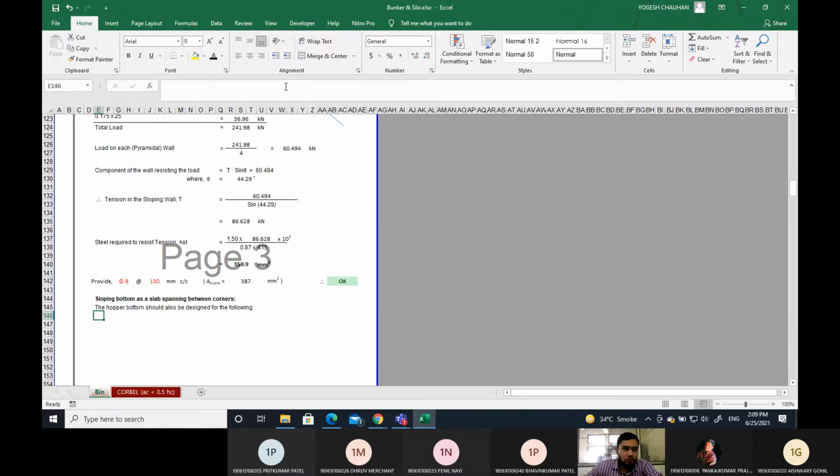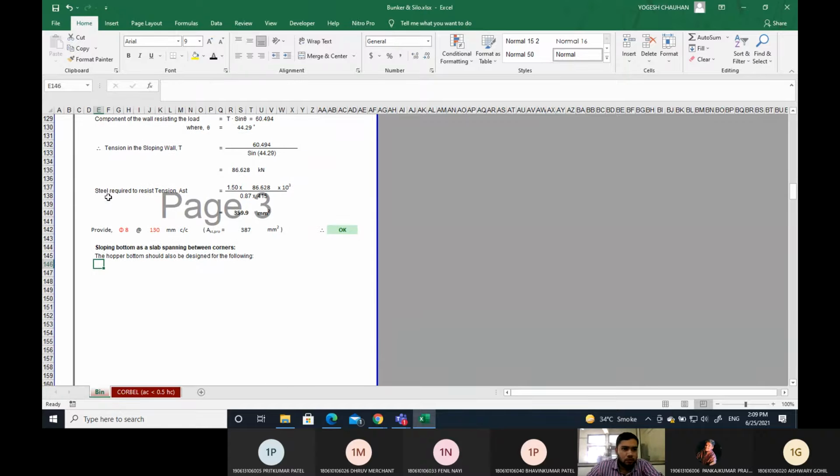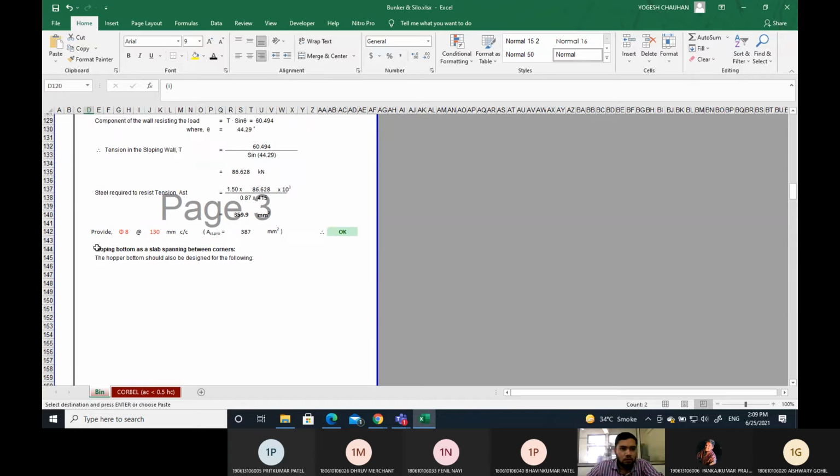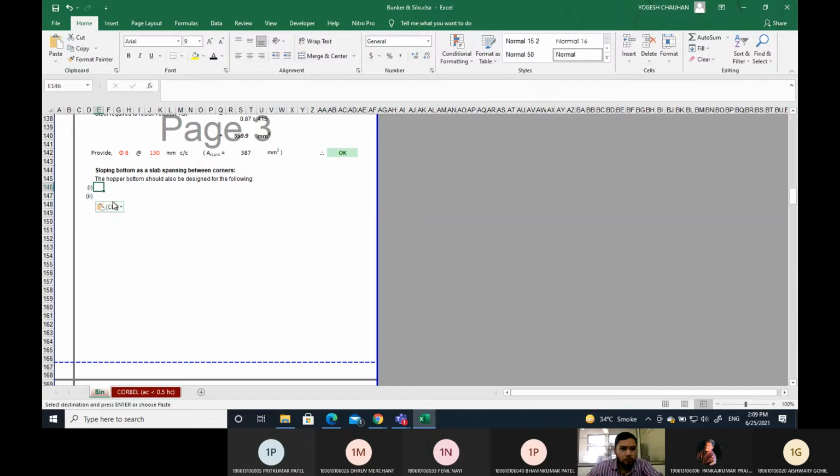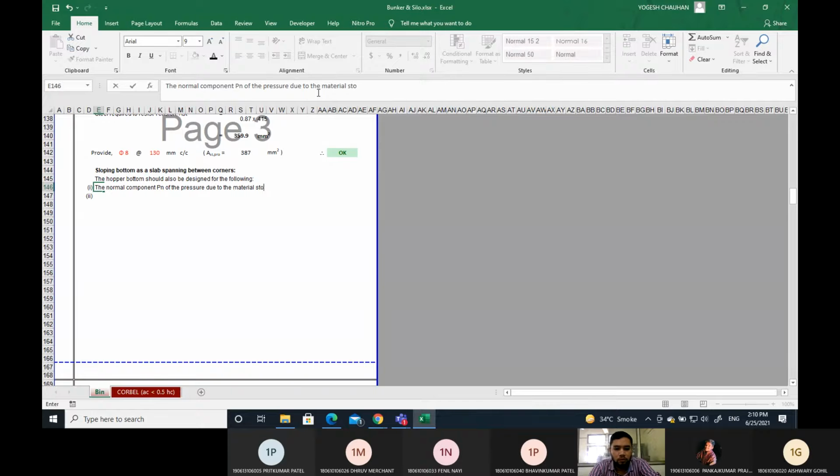The first would be the normal component Pn of the pressure due to the material stored.